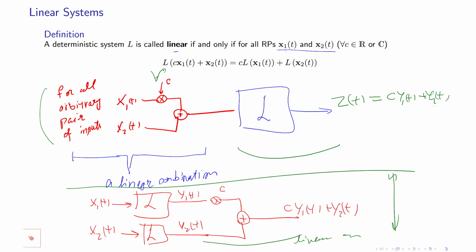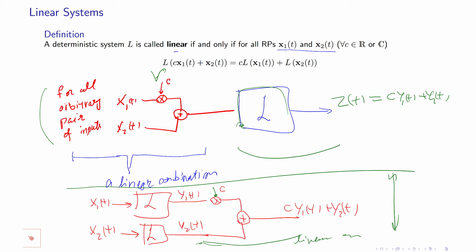So a linear system is a system which can be displaced from this composition. If it could be applied first to the pair of the inputs separately and then the linear combination applied, so it doesn't matter if you permute the order of these two operations, then you call this system linear.